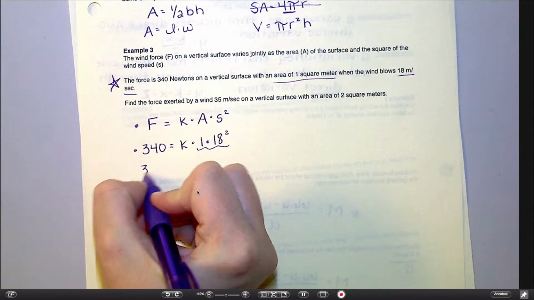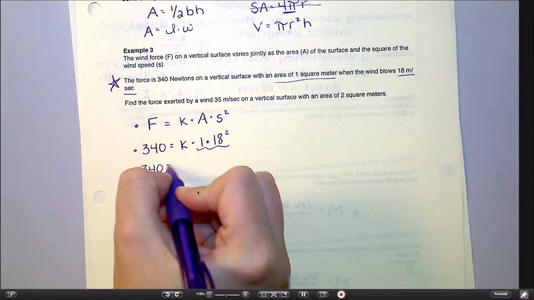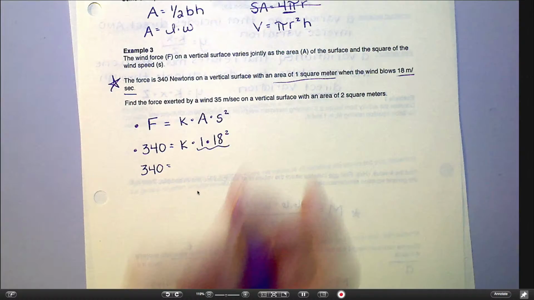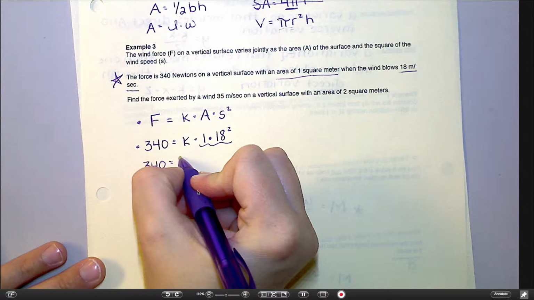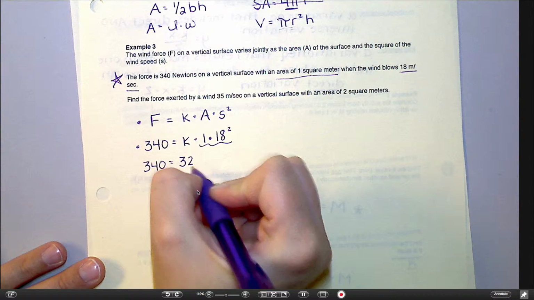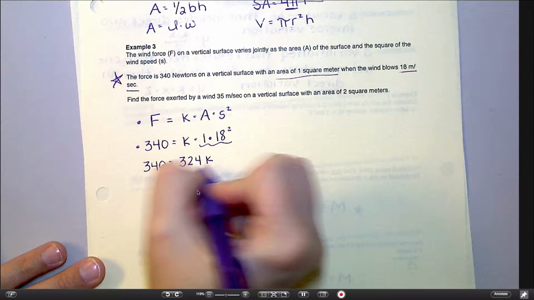So now I have 340 equals k times 18 squared. What's 18 squared? Someone have that? 321? Oh, 324. Thank you. And then divide by 324.